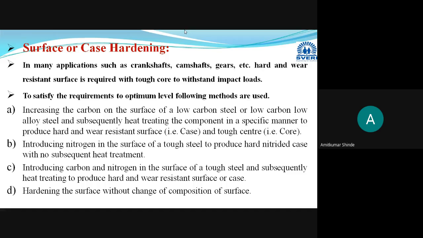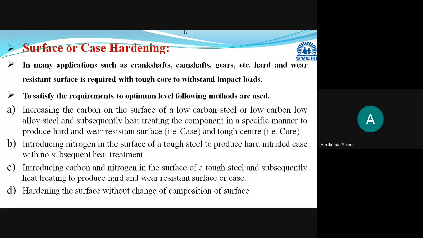For components like crankshafts, camshafts and gears, the basic required properties are a hard, wear-resistant surface and a tough core, to sustain the loads acting on the component in actual practical use.